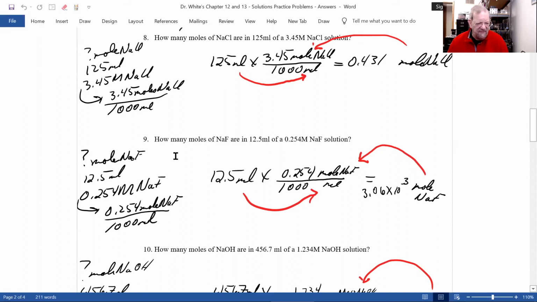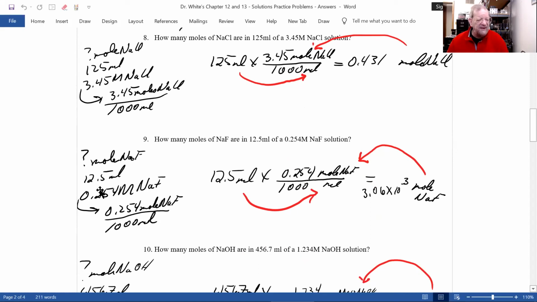Now, if we look at number 9, how many moles sodium fluoride are in 12.5 milliliters of a 0.254 molar NaF sodium fluoride solution? We're trying to find moles of sodium fluoride. We're given the milliliters and we're given the 0.254 capital M sodium fluoride.